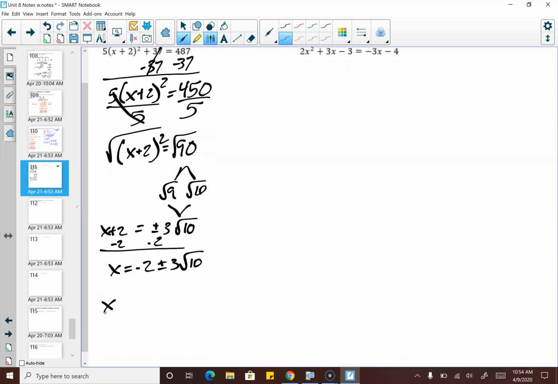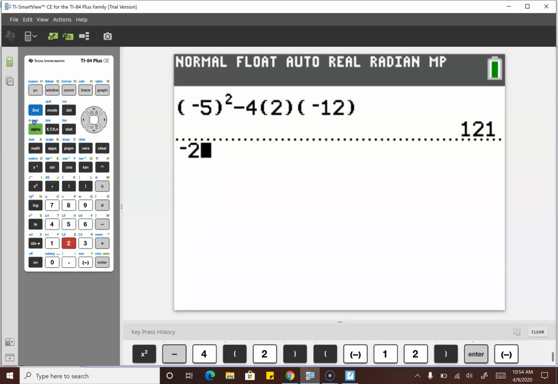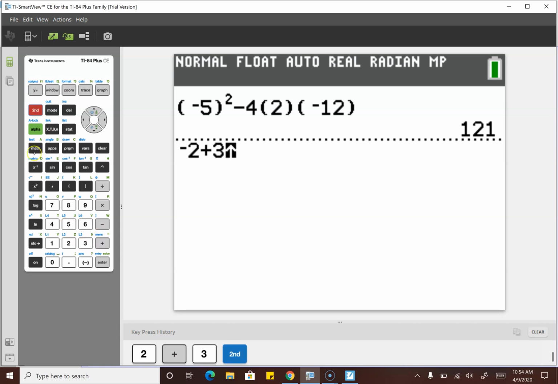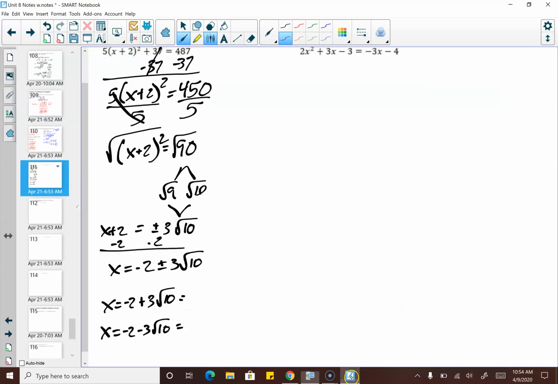I just want to remind you real quick how you do rounding. So if we wanted to do rounding to the nearest tenth here, we'd have to do -2 plus 3 radical 10 and -2 minus 3 radical 10. So -2 plus 3 radical 10 to the nearest tenth would give us 7.5.